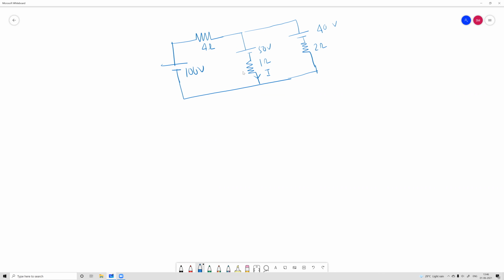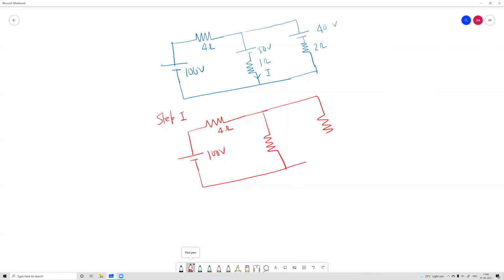So step 1: take only the 100-volt source. The resistances remain as they are, but the voltage sources are shorted. This is my I1. This is 1 ohm, this is 2 ohms.